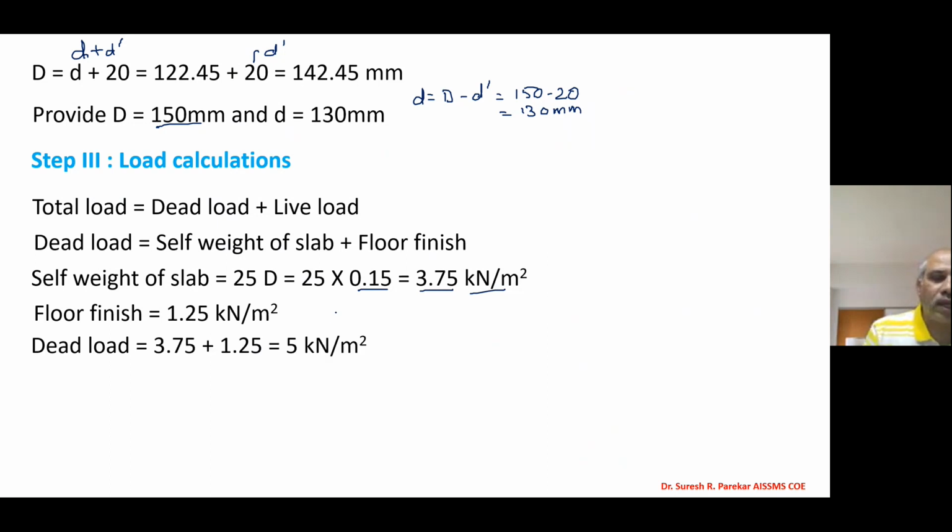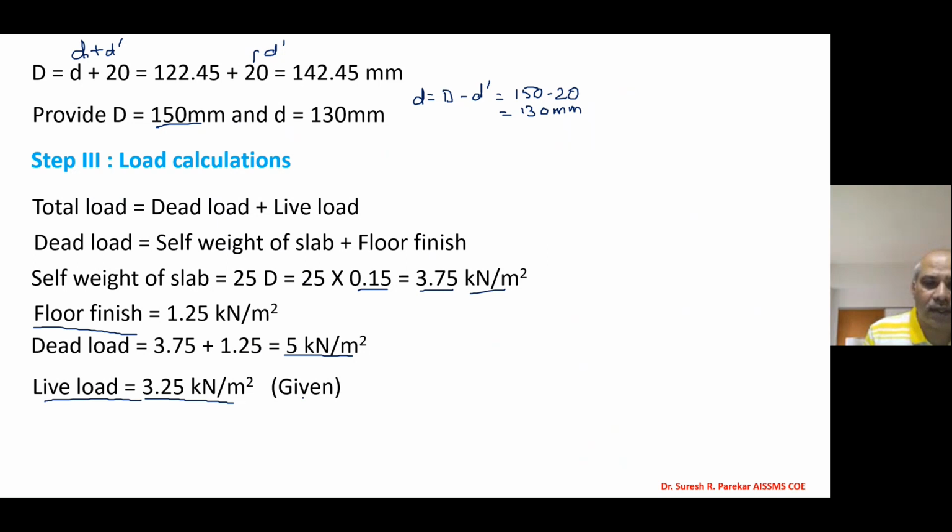So if we add these two, we get total dead load equal to 5 kilonewton per meter square. Now knowing this total dead load, we have to add the live load, which is given as 3.25 kilonewton per meter square. Floor finish is given, live load is also given. If not given, we have to assume these values.